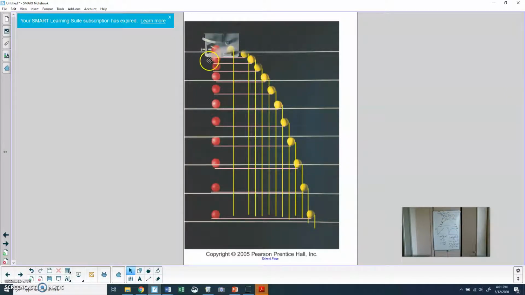Now vertically, I've got this pink line, and it's dropping. Now this one dropping over here, you can see the lines get further and further apart, which means it's accelerating. Well, so is the yellow ball. The yellow ball is also accelerating, and we're putting them side by side.